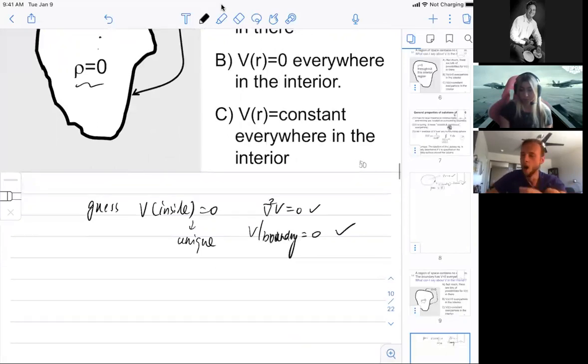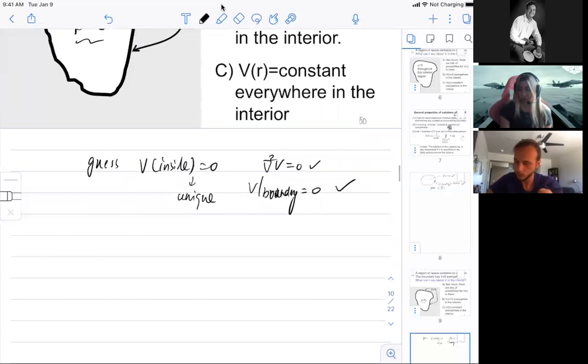So let me say, suppose there are 2 different V's. Suppose you don't have just one V in this region, and you know V at the boundary is given.